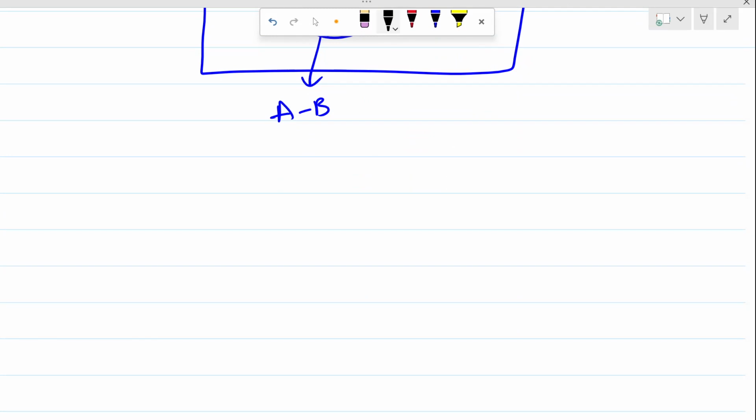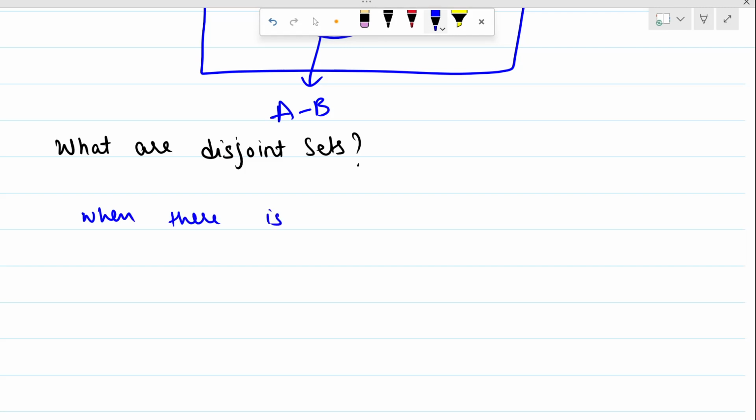So what are disjoint sets? Sets are disjoint when there is no common region, no common elements between them.